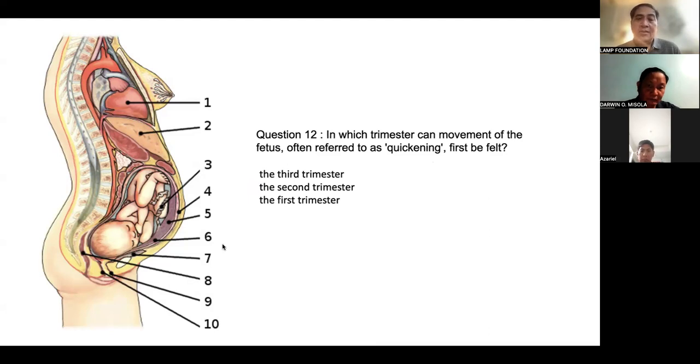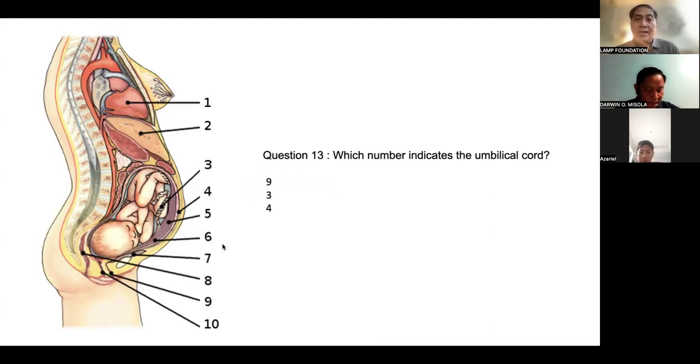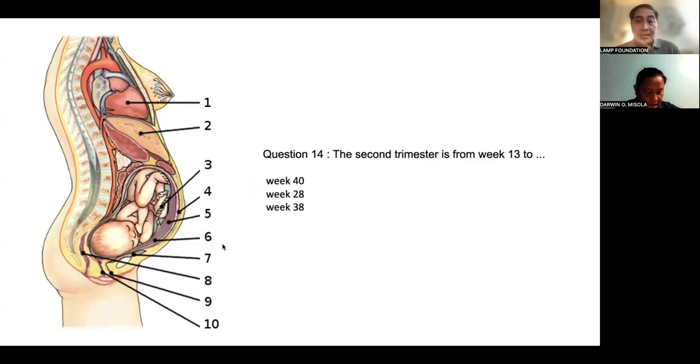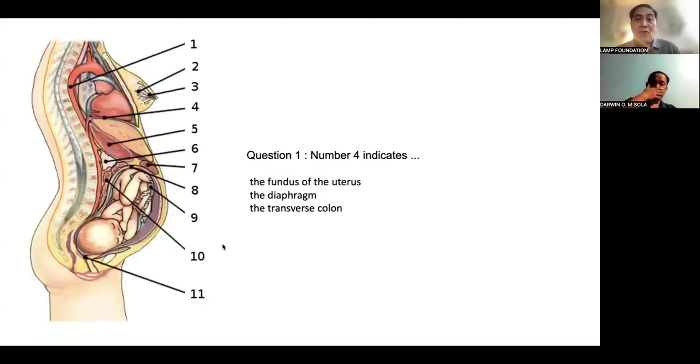The second trimester. Which number indicates the umbilical cord? Number 3. The second trimester is from week 13 to 28. Egg fertilization takes place in the fallopian tubes.